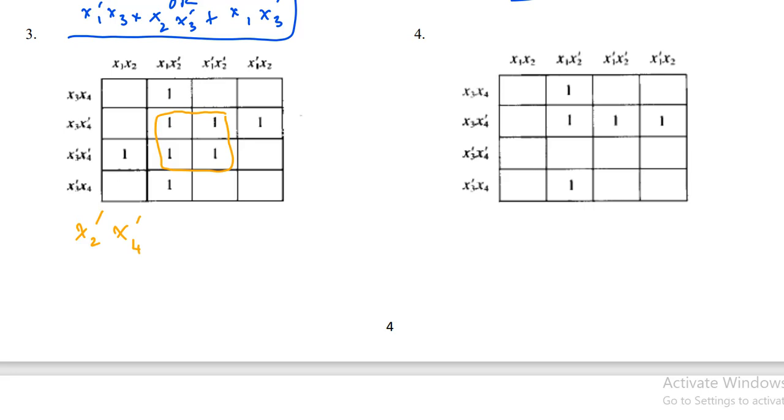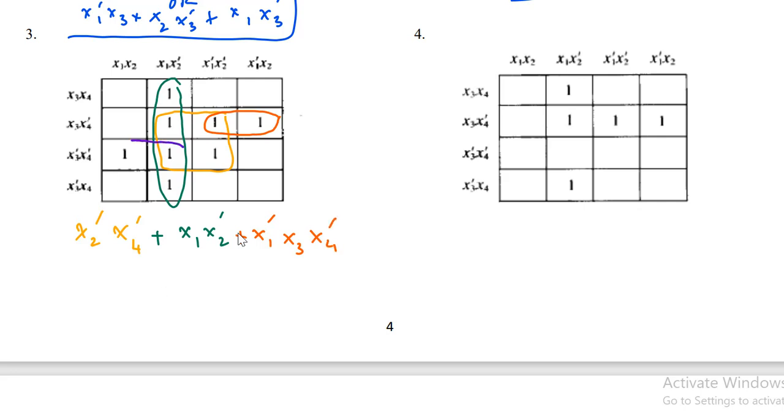Then my next largest group will be this one here. If we look horizontally, x3 and x4 vary, so they get cancelled. And if you look vertically, what I have left is x1, x2 not. And then I have these two, and that's going to give me x1 not, because x2 varies. And if I look horizontally, I have x3, x4 not.